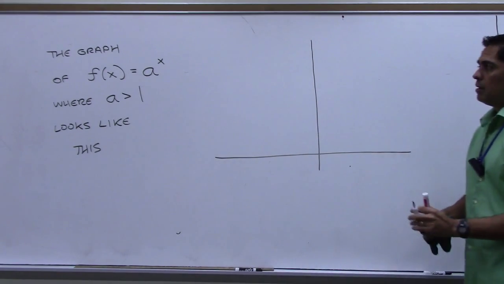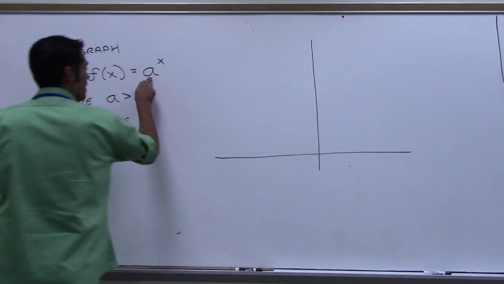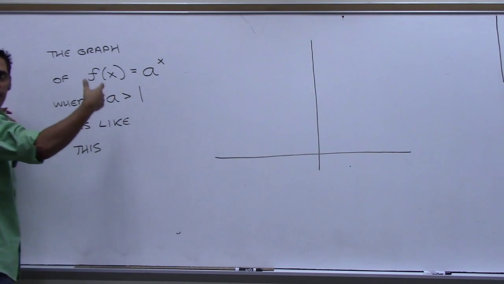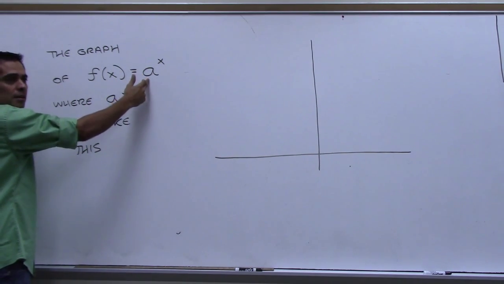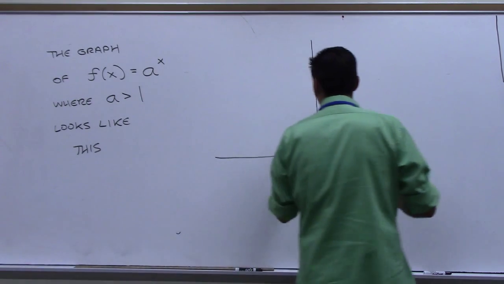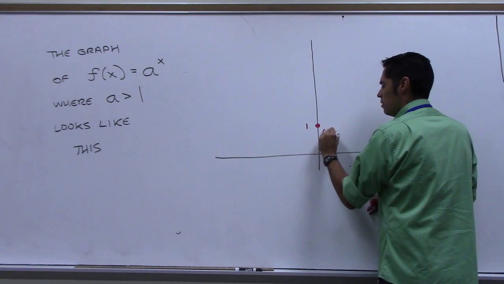Guaranteed, if you give me an exponential function and that number is bigger than 1, so it's like 2 or 4 or 5, or you could even have something like pi down there, as long as that number is bigger than 1, then your graph should always go through this point, 0, 1.